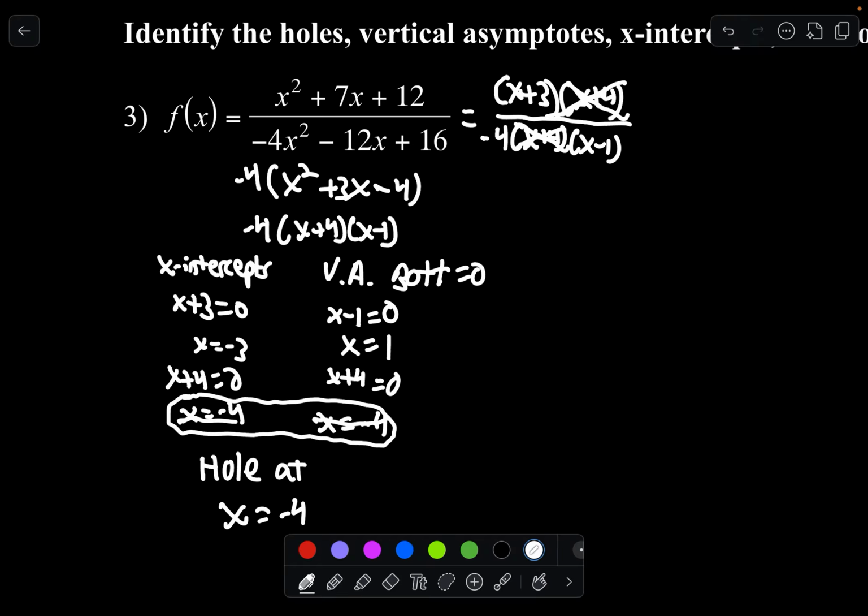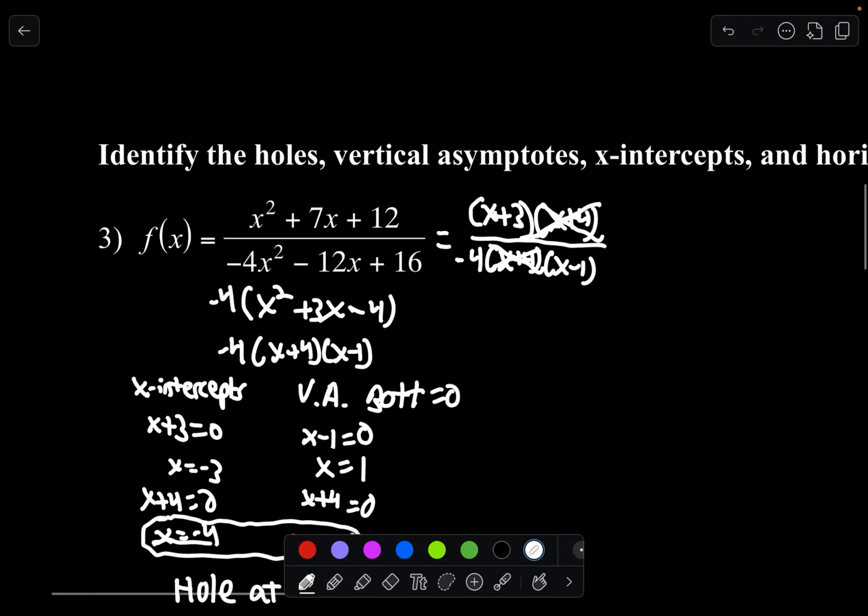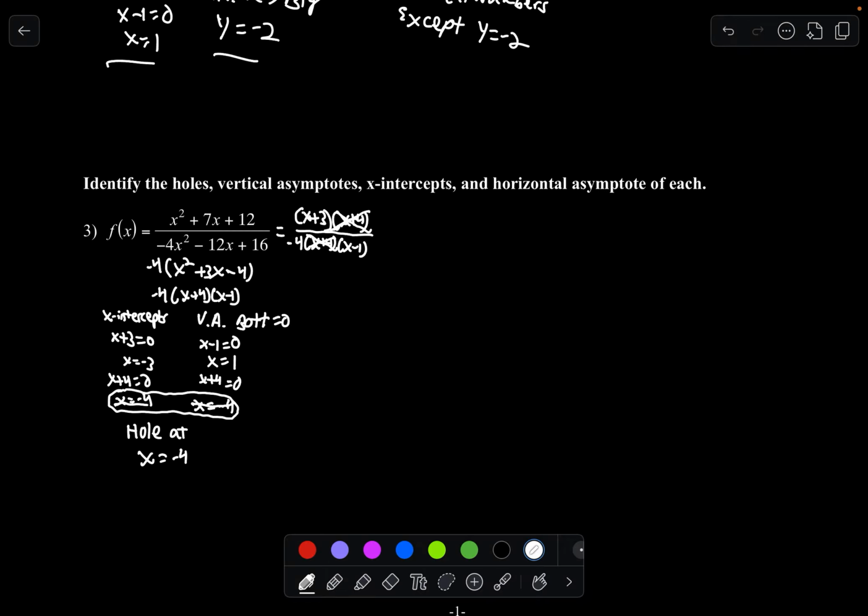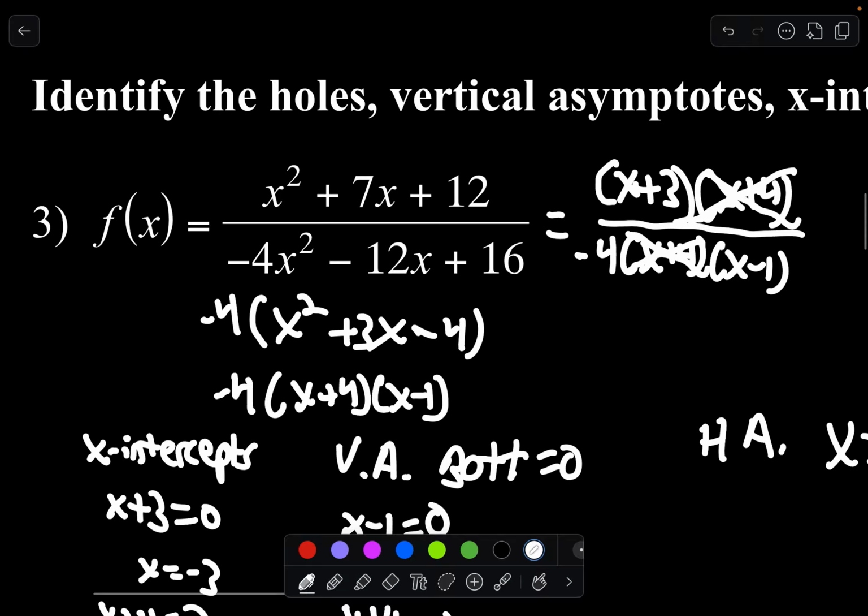Okay? Now, we got holes, vertical asymptotes. We have not discussed horizontal asymptotes. So the horizontal asymptote is when x gets big. And the easiest way to figure this out is to have it in the non-factored general form. When you do that, you look at the highest powers, the lead terms in each polynomial.